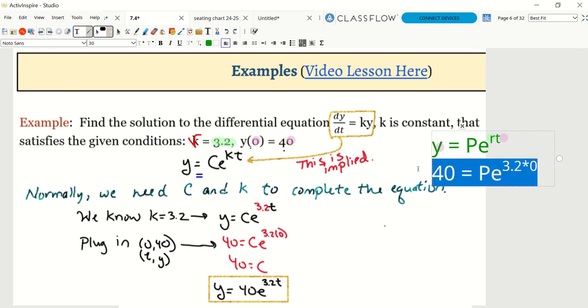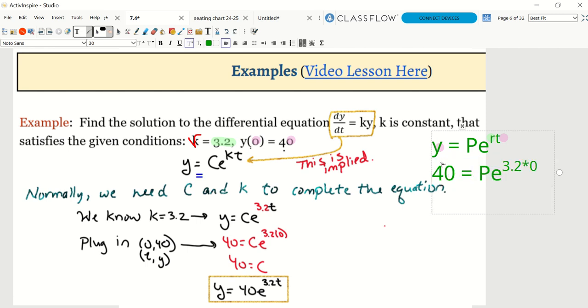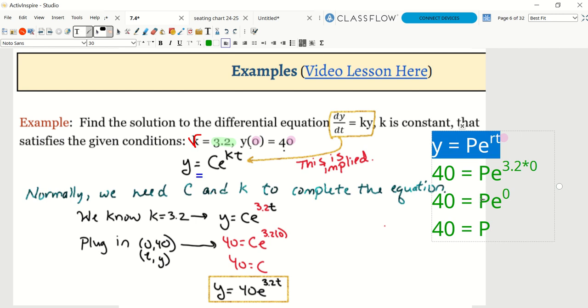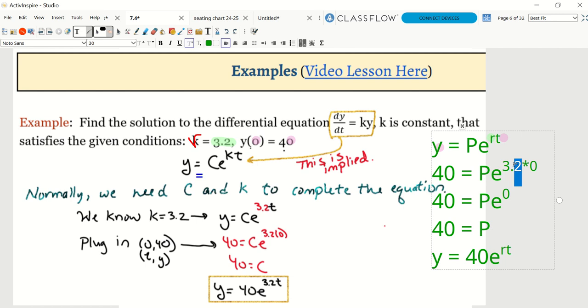What's anything times 0? 0. And anything to the power of 0 is what? 1. So ultimately we get P times 1, and P equals 40. Does that make sense? So in our equation we plug P back in: P is 40, 3.2 for r, and that's it. We just built our Pe^(rt) equation.